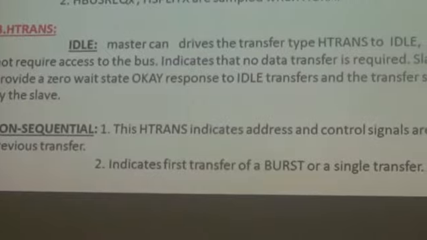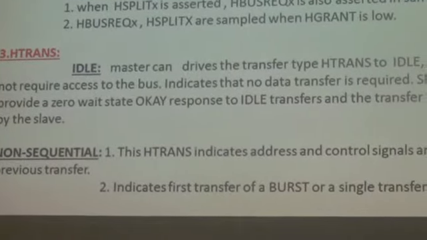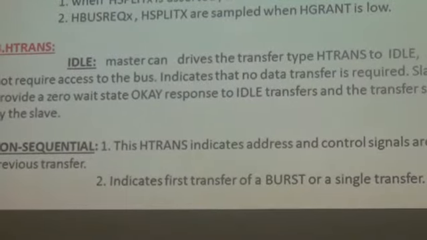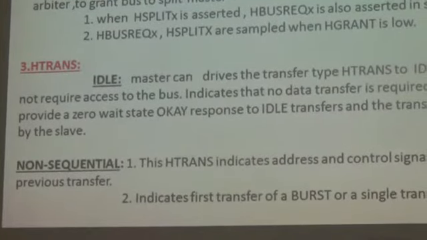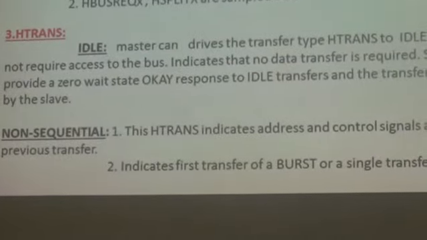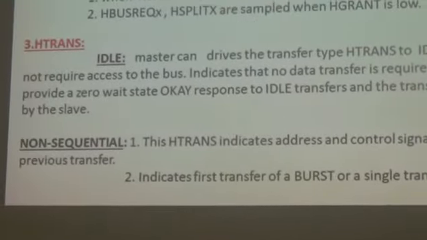For example, there are two transfers, transfer 1 and transfer 2. If there is a relation between the address and any control signals between transfer 1 and transfer 2, they are shown to be sequential transfers. Since it is non-sequential, it is an independent transfer. These address and control signals do not have any relation to the previous transfers, and that is why it is called a non-sequential transfer.